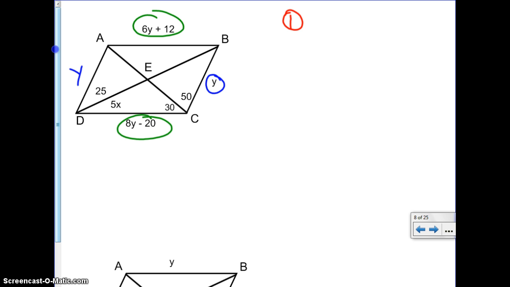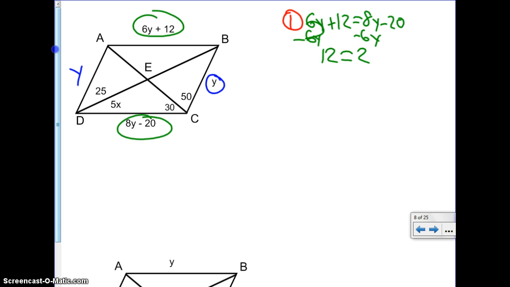So now, let's see what we have. We have 6y plus 12 equals 8y minus 20. And then we have this y equals y, but we don't really know what to do with that. So here, let's try to solve for our y's with this one. We've got to get our y's on the same side.